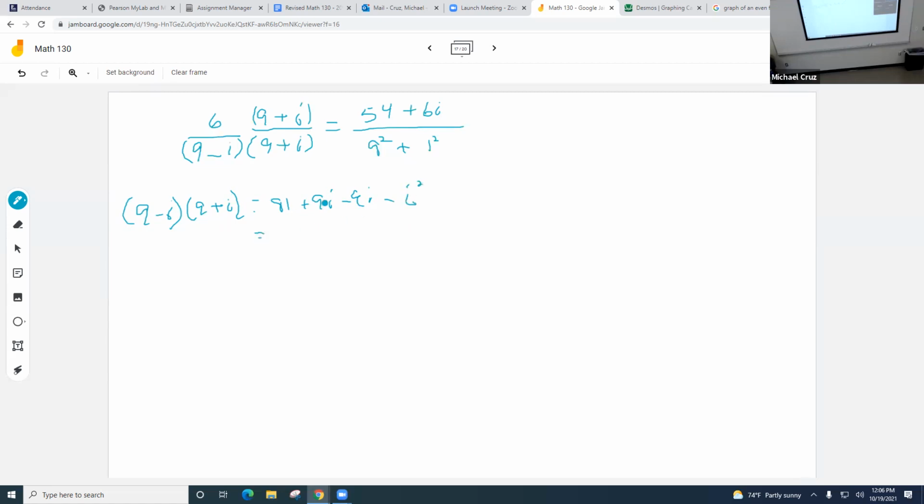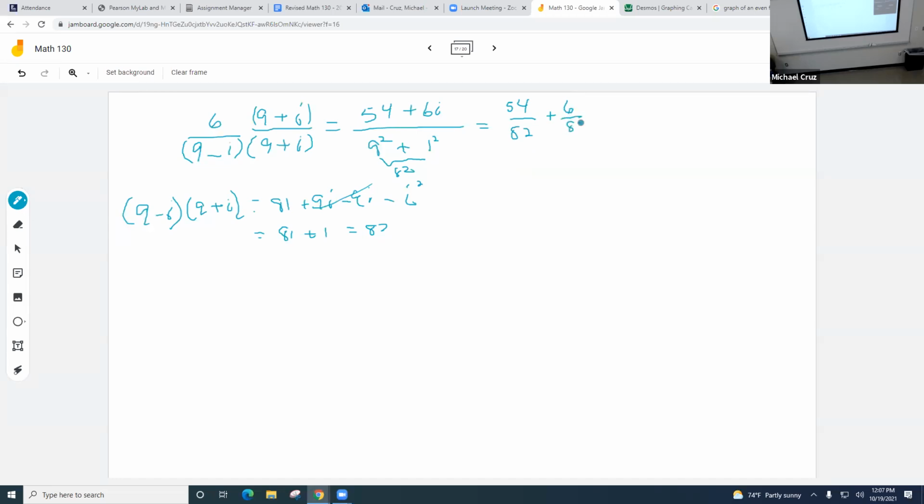So these are gone. That's 81 plus 1, because i squared is -1, and -1 times negative. So this ends up being 82 down here. So this is 54 over 82, plus 6i over 82, because 9 squared is 81 plus 1.